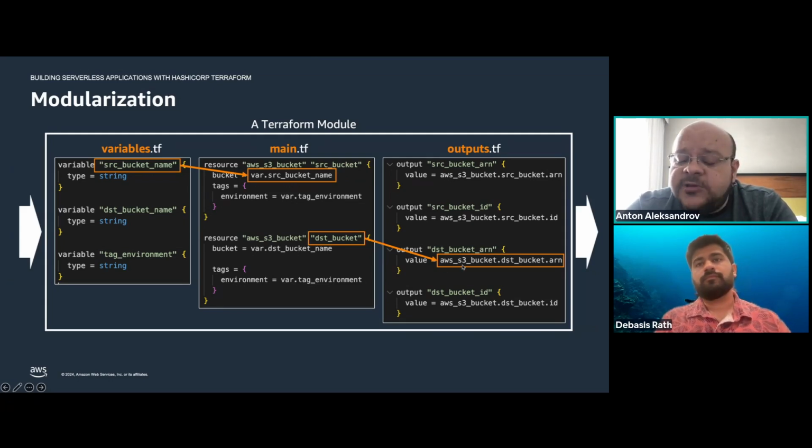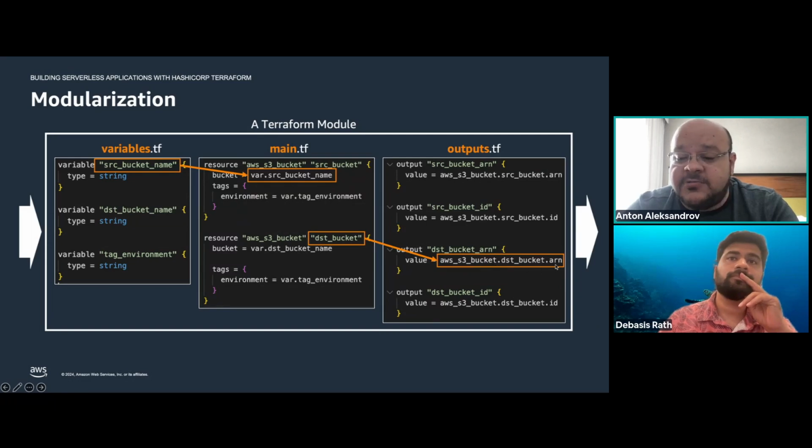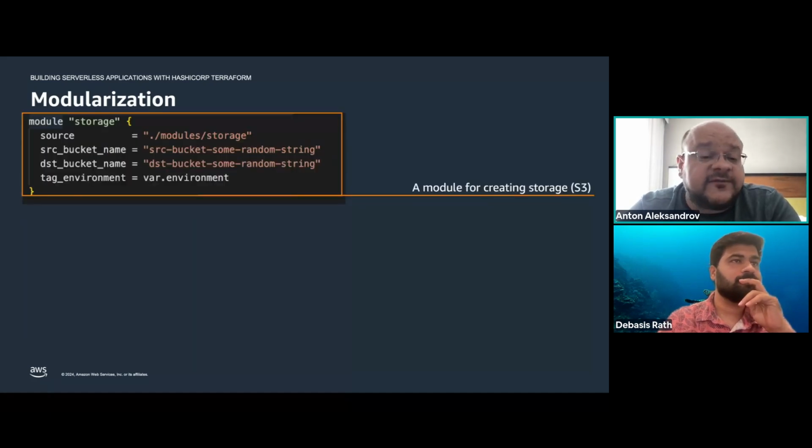And the output of that module is the bucket ARN. So the input is the name of that bucket. The output is the ARN of a created cloud resource. That's the power of Terraform modules. And whoever is consuming this module, they don't need to know anything about internal implementation details, right? So this is a really powerful way of defining your infrastructure as code.